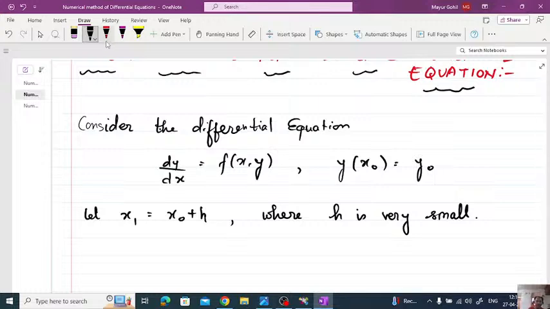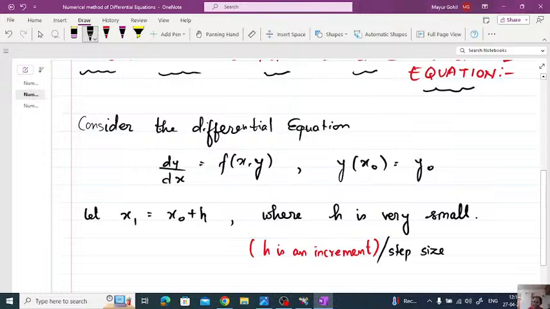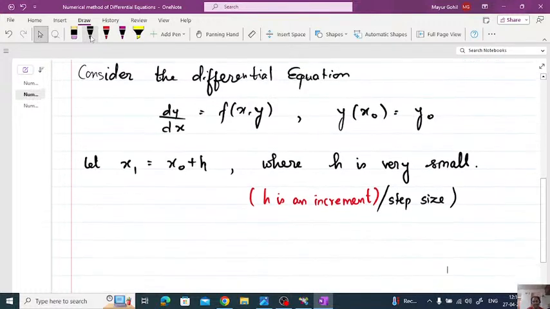If you want to remember, you can keep this here: h is an increment generally. You can even call this step size, though I would avoid that word because it is a two-dimensional thing. But still it's okay.